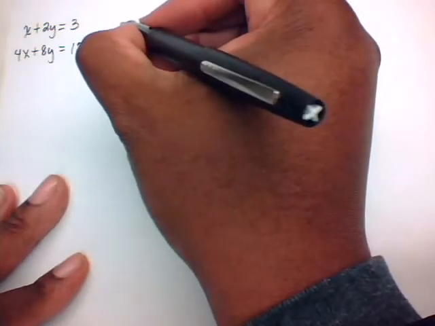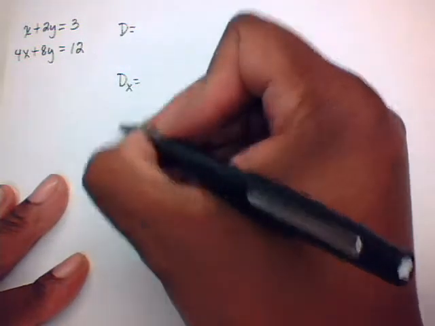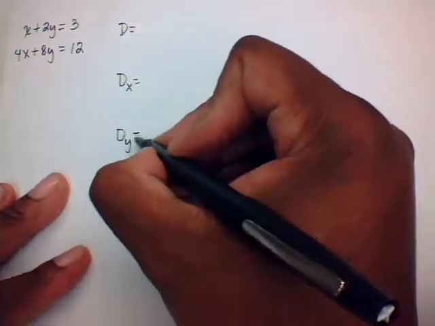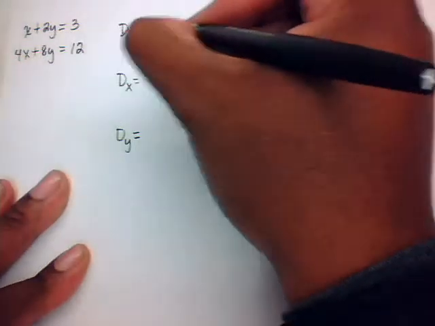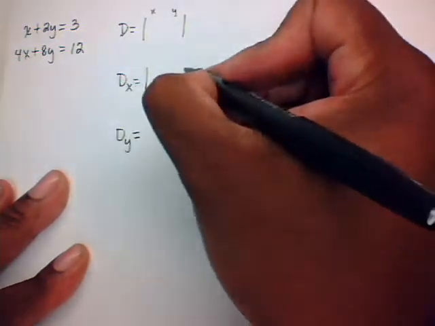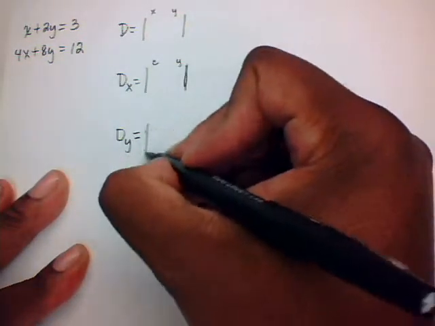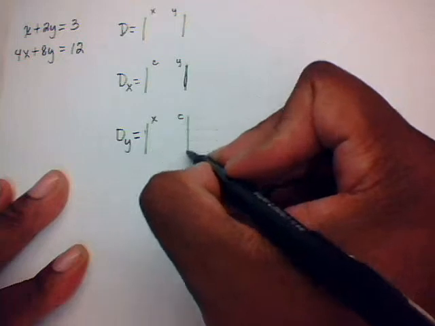I'm just rewriting the system of equations that we have here. We want D sub x, and we need D sub y. Now, of course, this is x and y for your D, the constants and y for D sub x, and x and constants for D sub y.